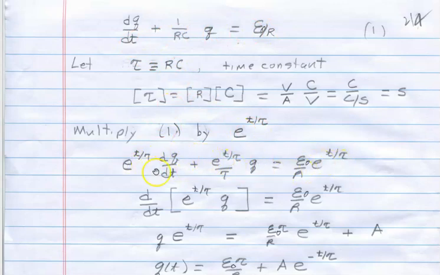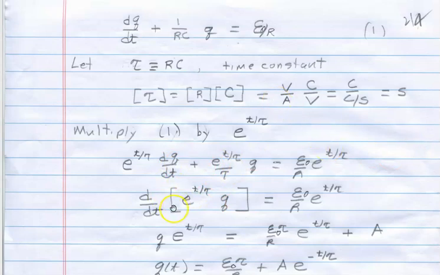And then the left-hand side becomes the total derivative of this thing in brackets. That takes a little thinking perhaps, but it's easier to go back the other way. Certainly if I take the derivative of this product and use the product rule, then I get back to this form up here, which is where we started.